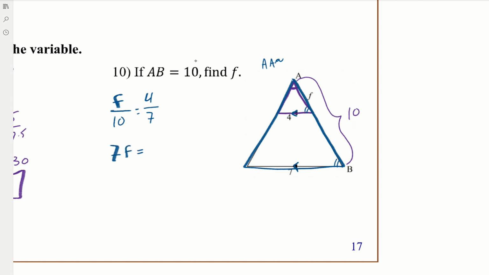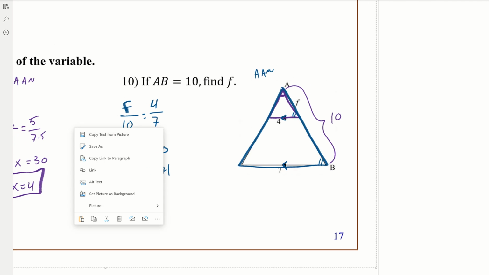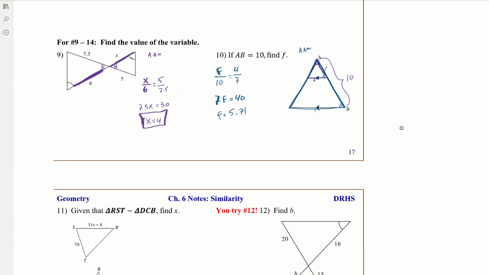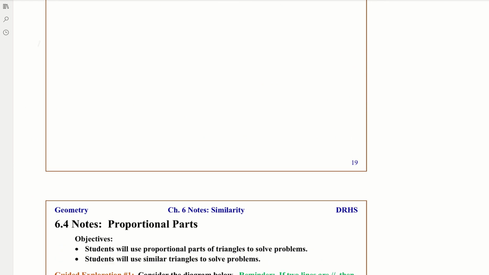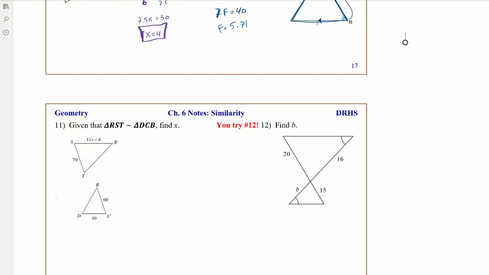I'm going to get 7F is equal to 40, okay? And that gives me that F is 5.71, okay? Great.